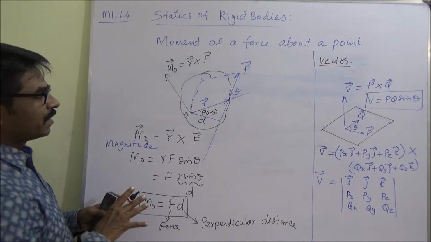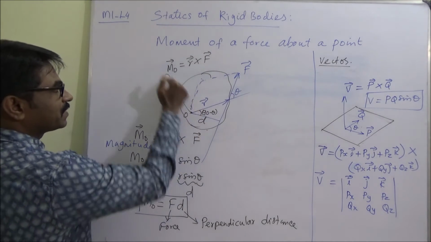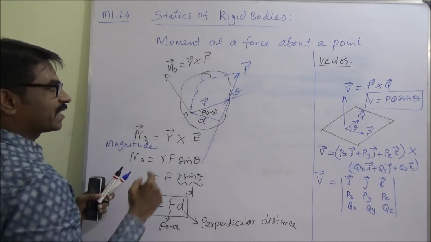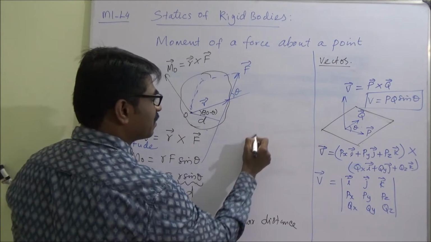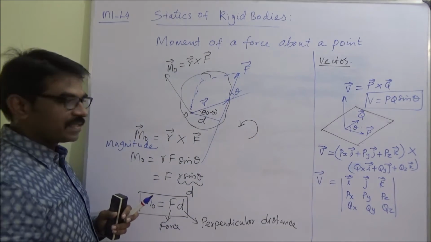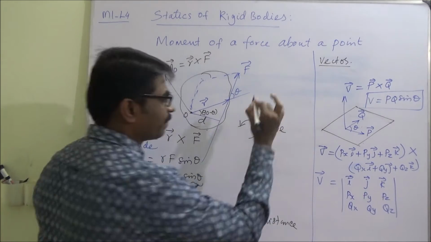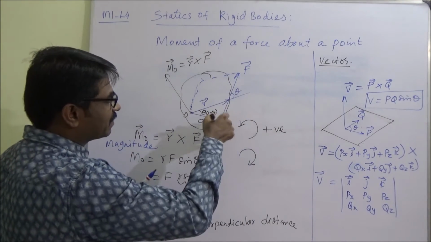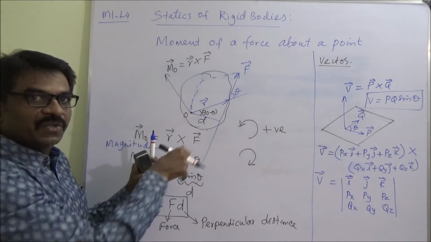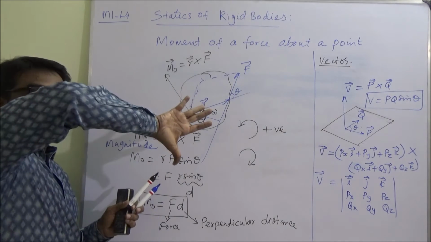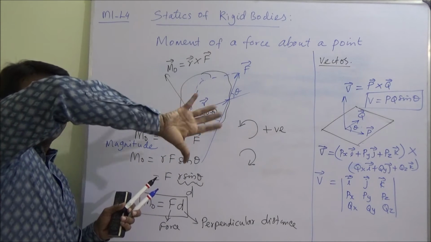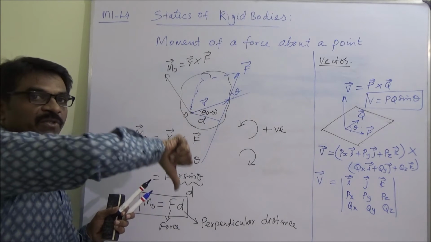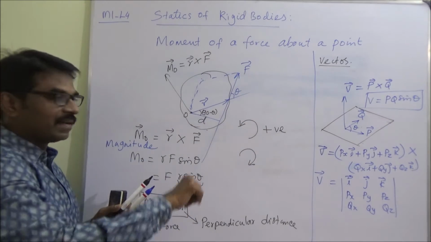Now you see this force, when you are seeing this, it is going to rotate the body in a clockwise or anti-clockwise direction. So the anti-clockwise direction is taken as positive. Now if the force is acting like this and about this point it is rotating clockwise, then the direction changes, it is opposite to the anti-clockwise direction.